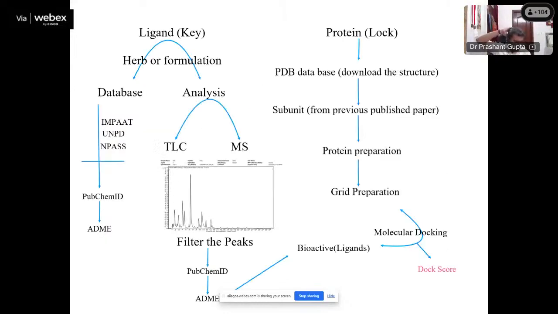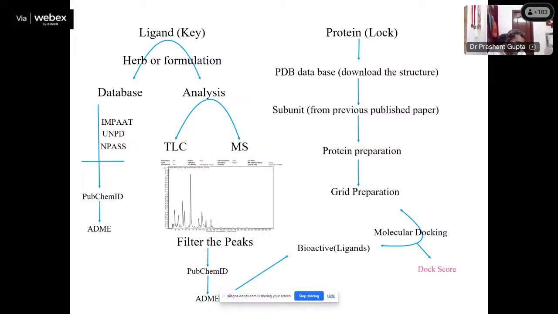Although this is a slightly advanced slide, I know that nearly 500 people are looking at this PPT, so a few of them may be senior professors also. For them, I'm just giving a glimpse of how we reach the protein and the key.